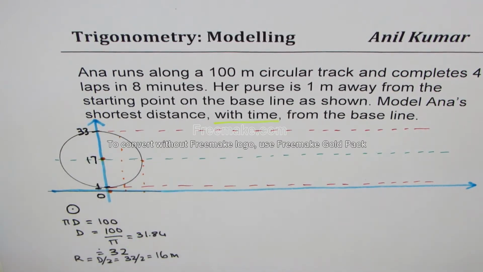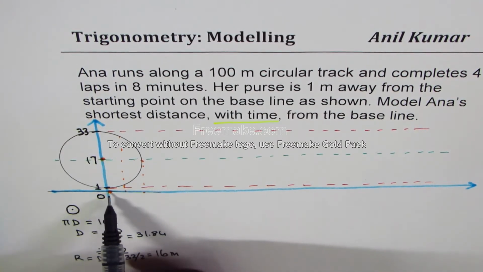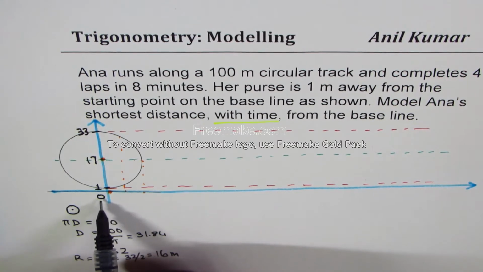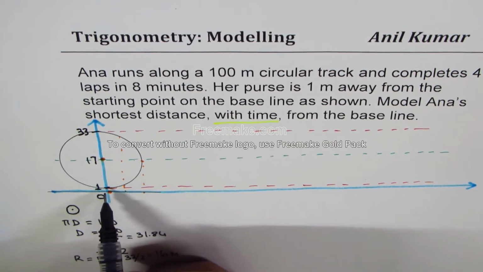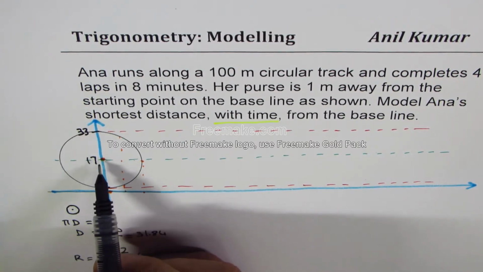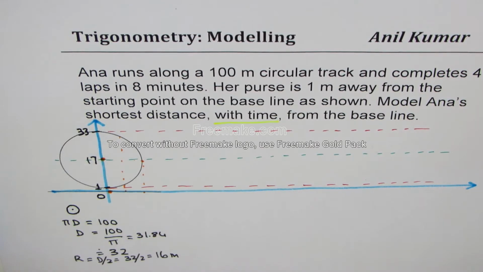Do you see how I get it? From the purse position, which I am using as origin, the track is 1 meter away, then the radius is 16, so 16 plus 1 is 17, another 16 takes you to the maximum distance away from the purse. We're talking about vertical distance, right?